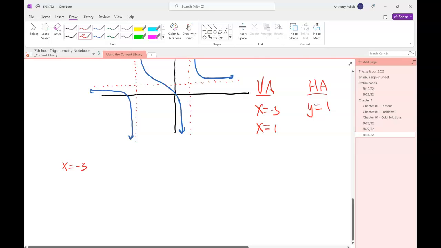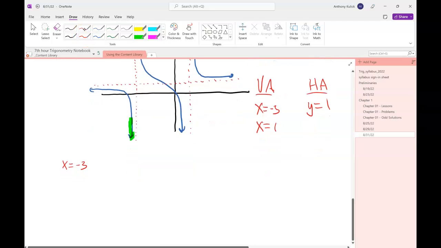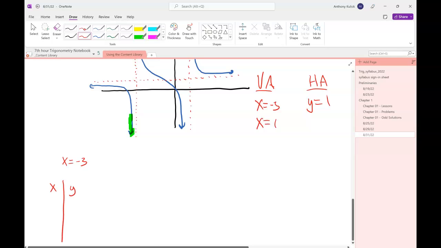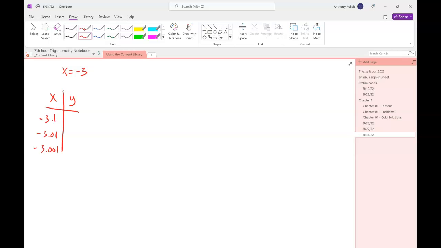So for a vertical asymptote, what I want to do is look at what's happening here as x is getting closer and closer to -3 from the left. So the values of x I'm going to choose are maybe -3.1, -3.01, and then maybe -3.001.